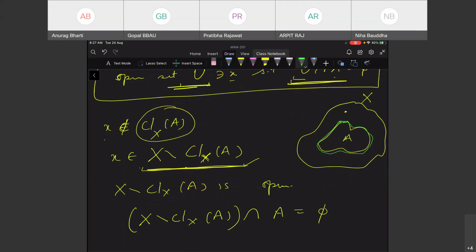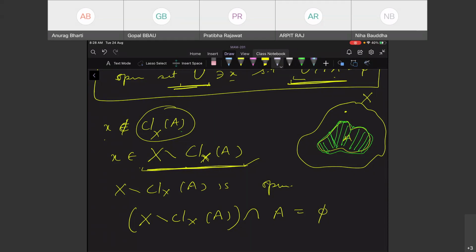Let us see the figure. This part was the closure. So closure of A and X minus closure of A are disjoint because one is the complement of the other, and A is sitting inside the closure.